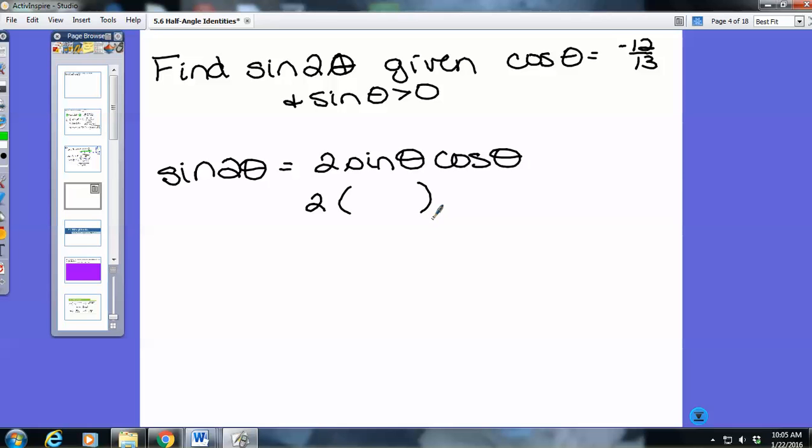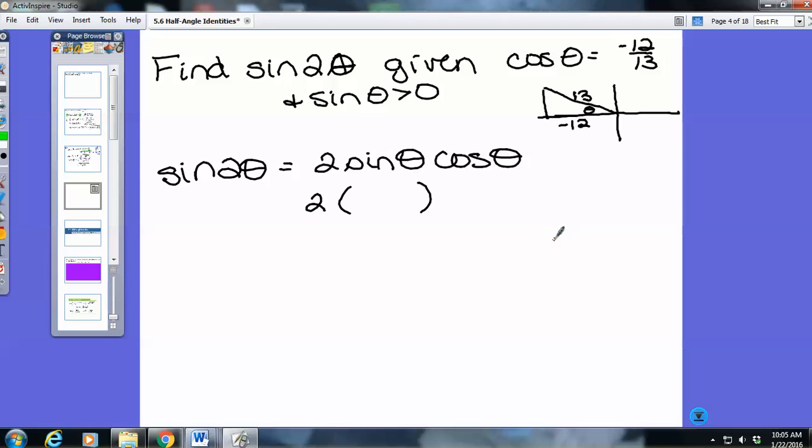No. How am I going to get that? Pick a triangle. Draw a triangle. Okay, we have to pick our quadrant. So we know cosine is negative, so that would be either 2 or 3. But sine is positive, so it would be quadrant 2. So cosine is adjacent, so this would be negative 12, over hypotenuse, which is 13.